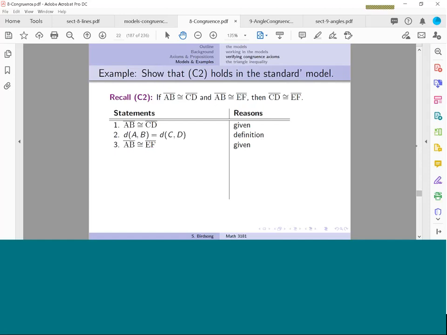Then I'll go ahead and throw in the next piece of given information. We only really had two pieces of given information, so this will be the last thing that we'll say given under reasons. And any guesses what I could do for step 4? There's typically more than one option.